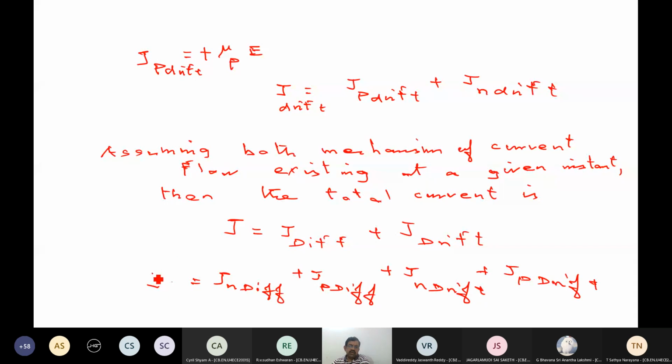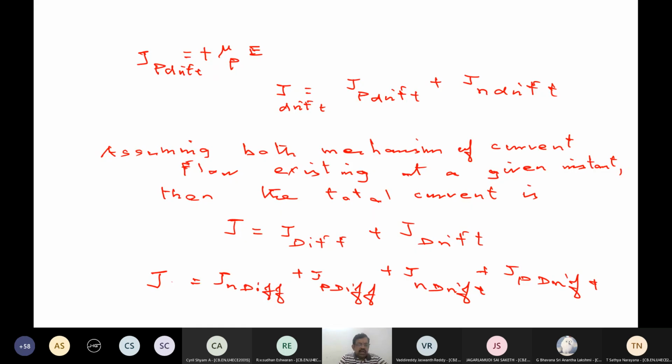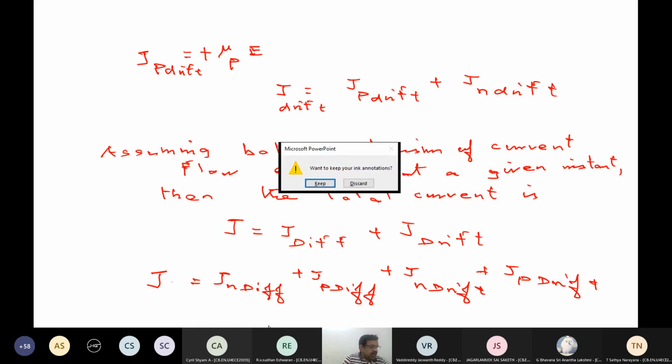This is the total current density due to both diffusion and drift mechanisms. I hope the concept is very clear, and we'll just do a quick problem to grasp this concept.